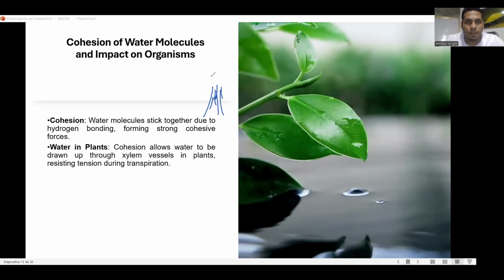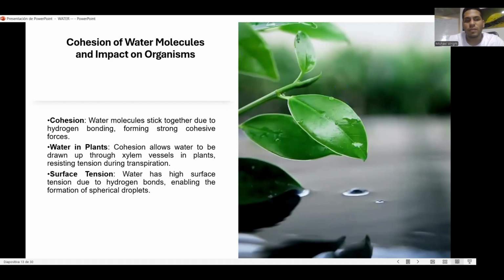So the water is going up through the xylem vessels, and that is fighting in a certain way against the force of gravity, which is 9.8 meters per second squared on Earth. The water molecules stick to each other and move upward until they reach the leaves, where they undergo transpiration. They evaporate. So the transpiration process in leaves is basically due to the cohesive force.